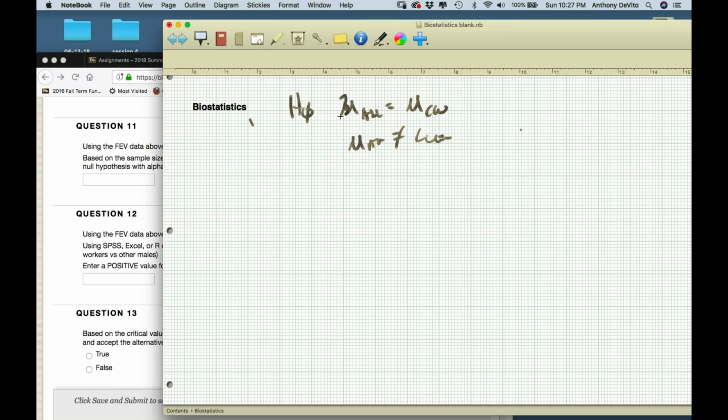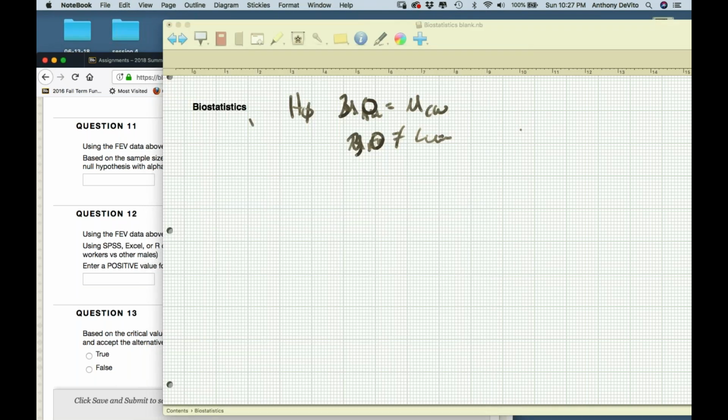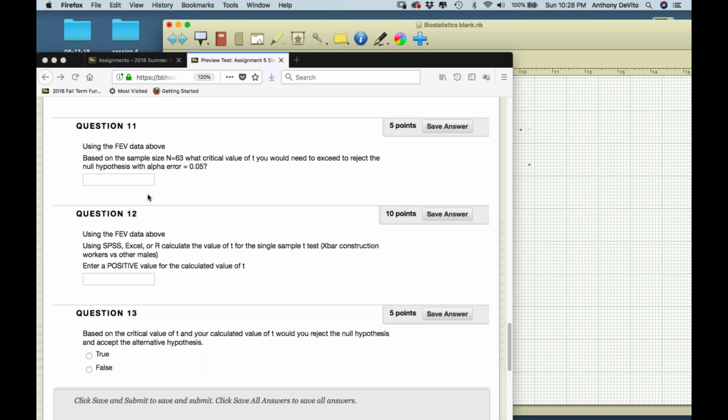So I could just put 3.0 is equal to construction workers, or 3.0 is not equal to construction workers. So I take my sample of 63 construction workers, n equals 63. You could have put this the other way: mu is equal to 3.0, or mu for construction workers is not equal to 3.0, either way. Or you could have just left it as mu all versus mu construction workers, and it's understood that it's 3.0.